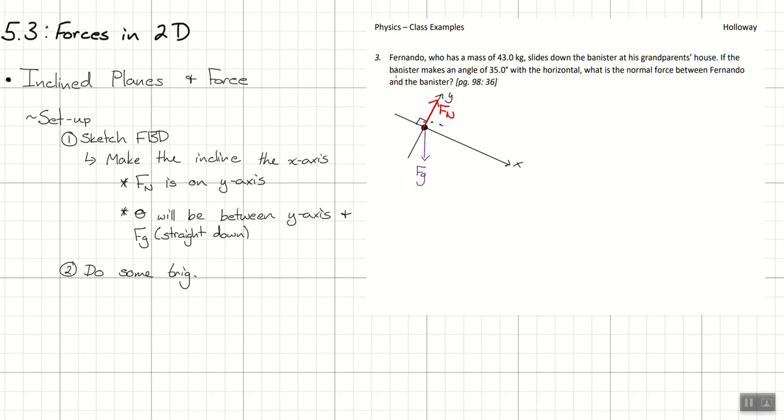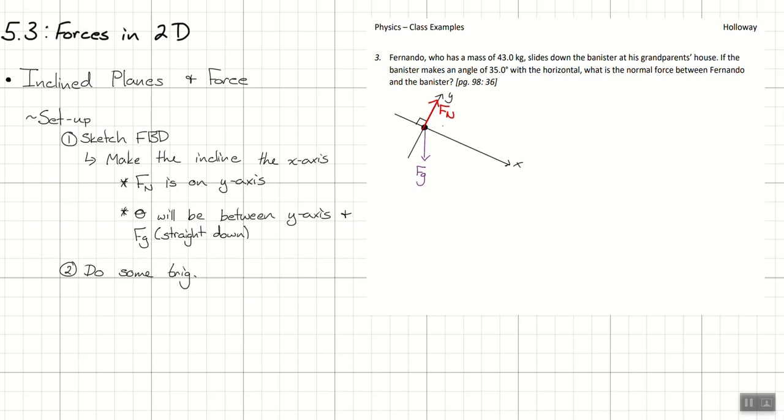This gravity pulls downward, but with respect to the way that this thing's going to move down this ramp, there is going to be a component of gravity that pushes down the ramp parallel to the x-axis, and there's going to be a component of gravity that pushes perpendicular to the ramp, which is going to be our normal force.